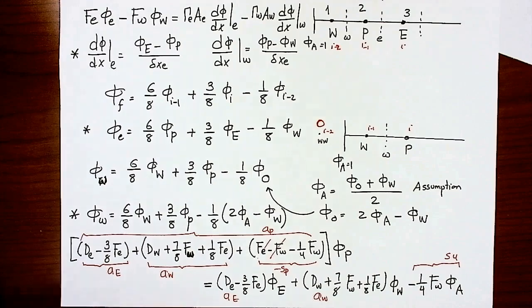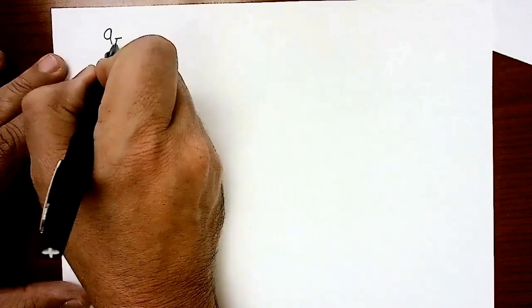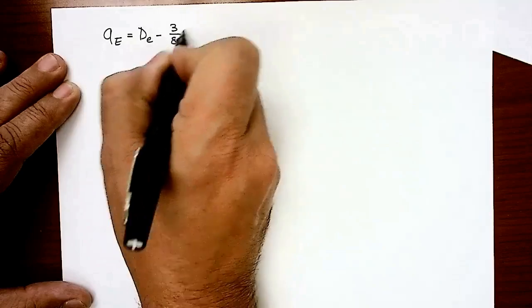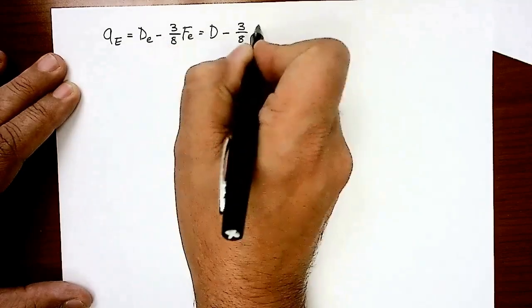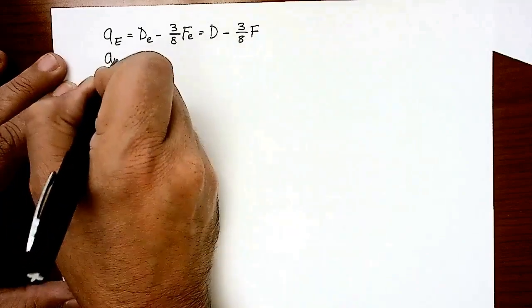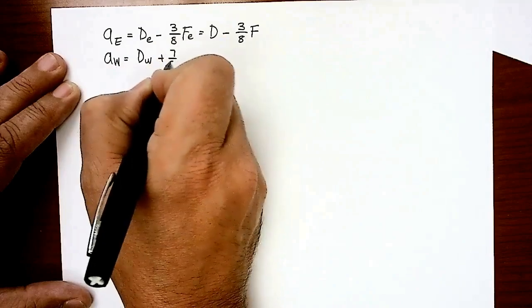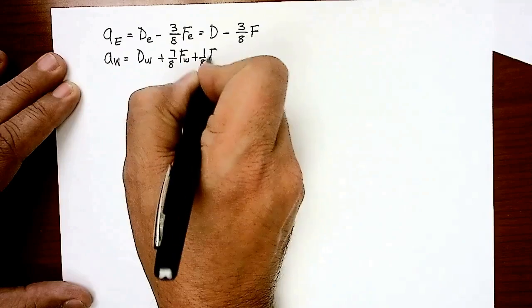So if I write down these coefficients, for node number 2, I would have a east equal to d east minus 3 over 8 fe, which is going to be d minus 3 over 8 just f. Then we have a west equal to d west plus 7 over 8 f west plus 1 over 8 f east.